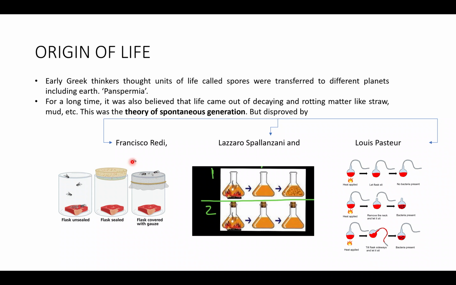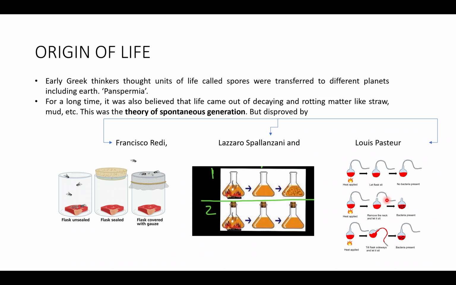But since it is closed and not exposed to air or the outside environment, there is no growth, no life originating by itself from decaying matter. The same goes for Spallanzani's experiment. He boiled media, and if it was kept open, then microbes grew. If it was sealed, or not in contact with the external environment, then no growth. Similarly, Louis Pasteur did his famous swan neck experiment.